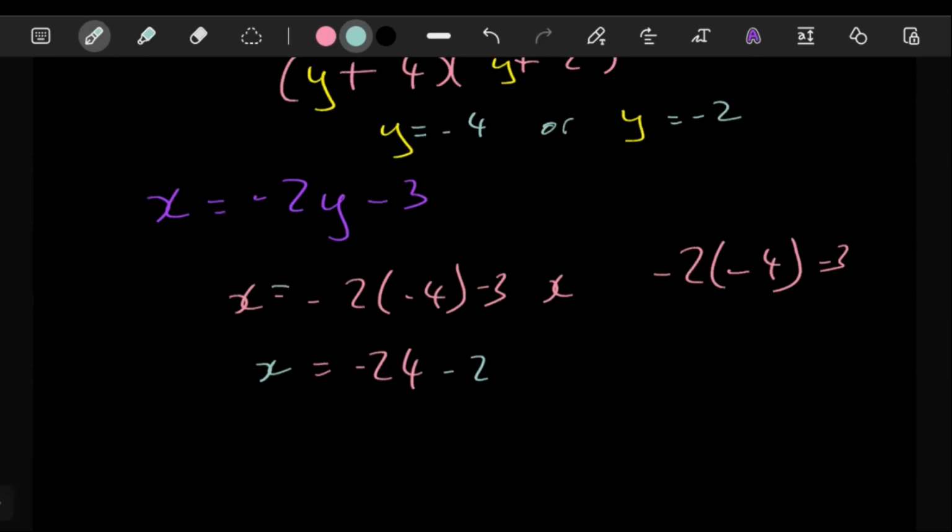Where did I get that? No, so it's negative 2 here times negative 4 minus 3. Yeah, that's a 5. Why are you getting these answers? Even if I did it manually, I should have at least gotten a 5 there. So here x is also equal to 1.